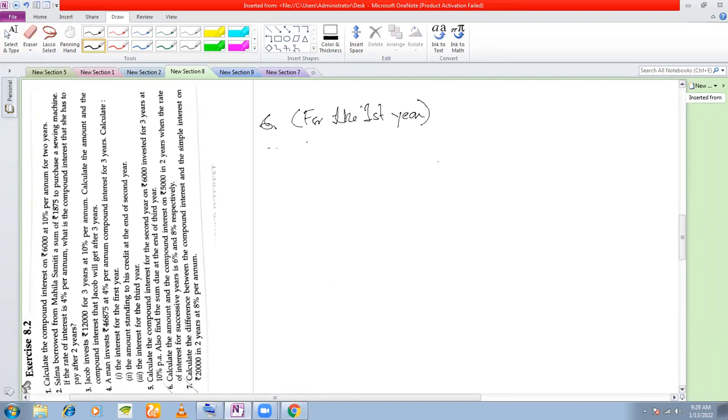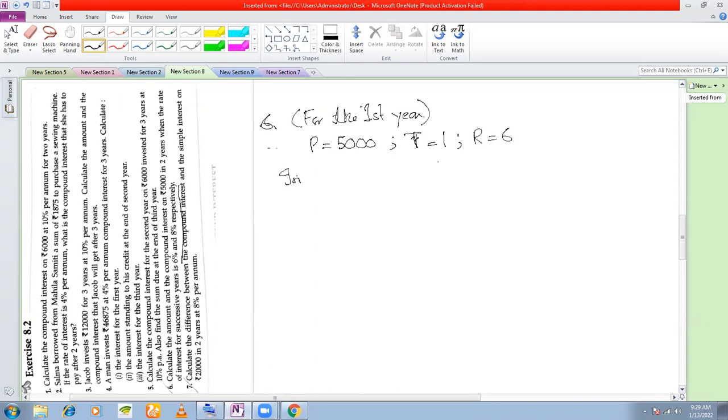For the first year, principal is 5,000 rupees because that is initially how much the person was investing. And time will be 1 year because you're only calculating for the first year. And the rate for the first year, it is given here 6% and 8% respectively. So for the first year, the rate is 6%.